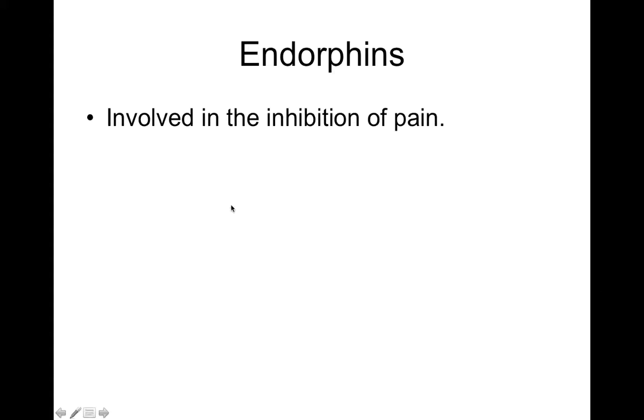It's released during exercise or during strenuous exercise. So that's why it may be involved with that. Glutamate. Glutamate is an important neurotransmitter for things like long-term memory and perception of pain.